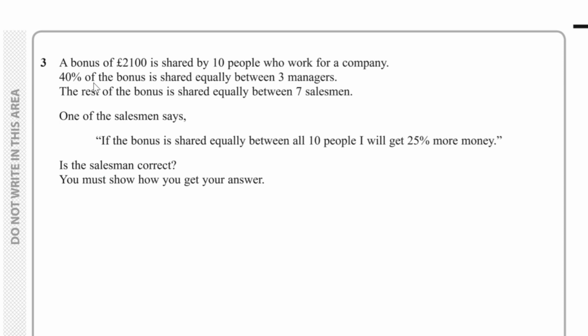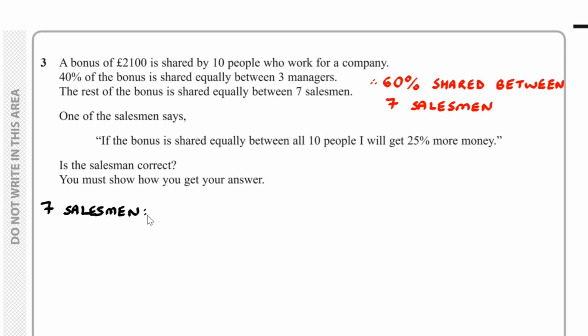Well, if 40% of the bonus is shared equally between the 3 managers, that means for the 7 salesmen, 60% is shared between the 7 salesmen. And so, if we consider the situation for the 7 salesmen, we can find out how much they have in total.